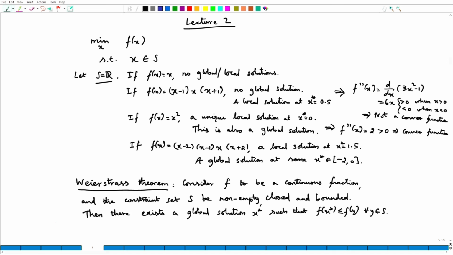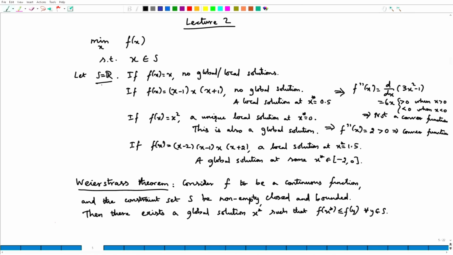So, you can take any 2 points, and when you join the line in between 2 points, it lies within the set. So, this is a convex set, no issues with that. S is equal to R is actually a convex set. So, f of x equal to x squared is a convex function. So, you can see that every local solution in this setting is also a global solution.